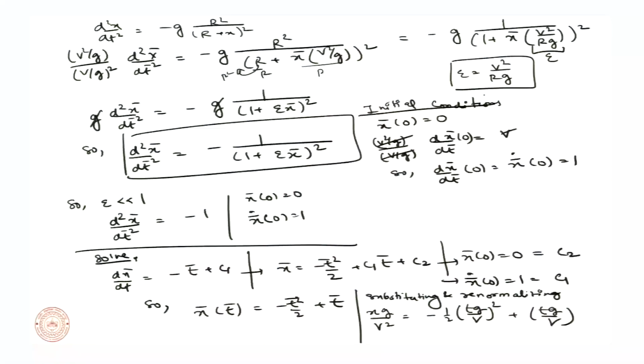However, if the displacements are more, in that case, the same differential equation from the last slide, that is 1 by 1 plus epsilon x bar square, is also applicable. You can just put in different values of epsilon. Epsilon is a ratio of the square of the velocity to the terminal velocity, and we can find that equation.